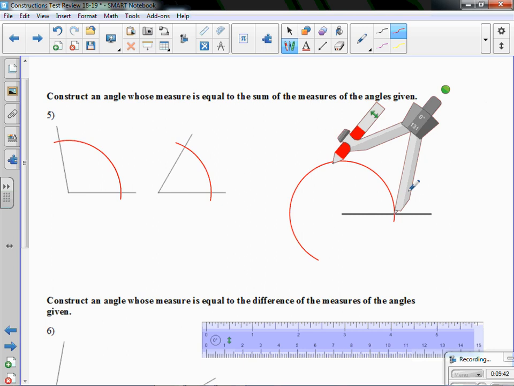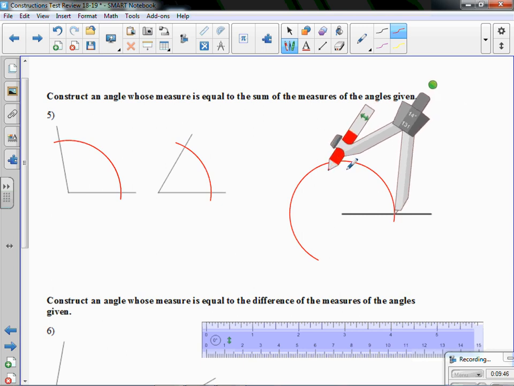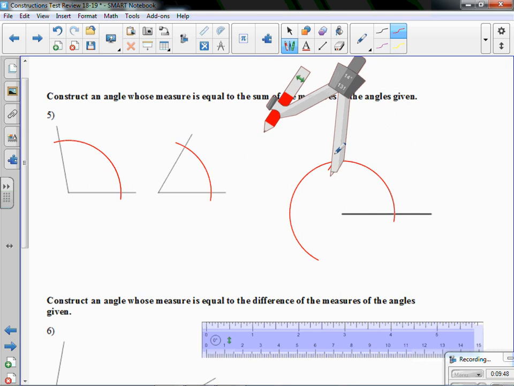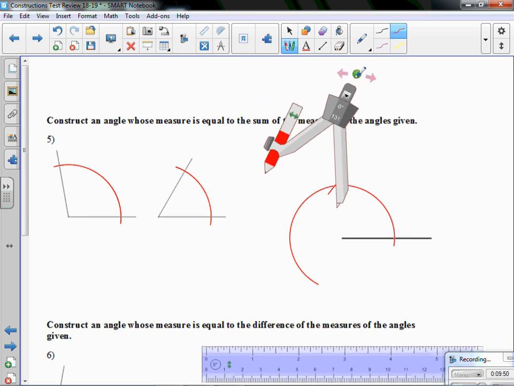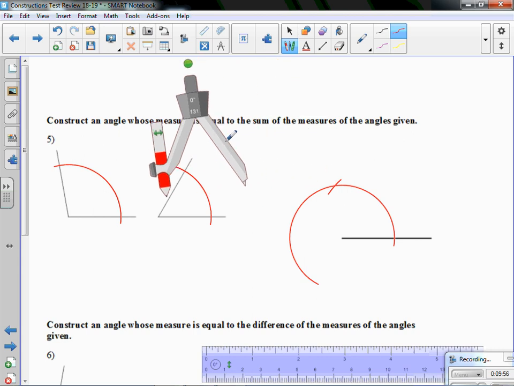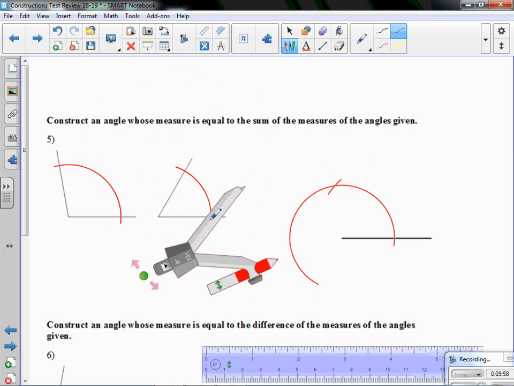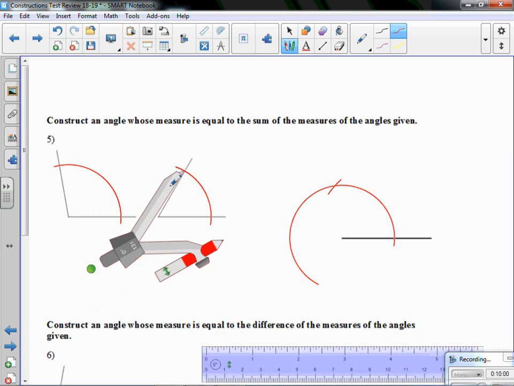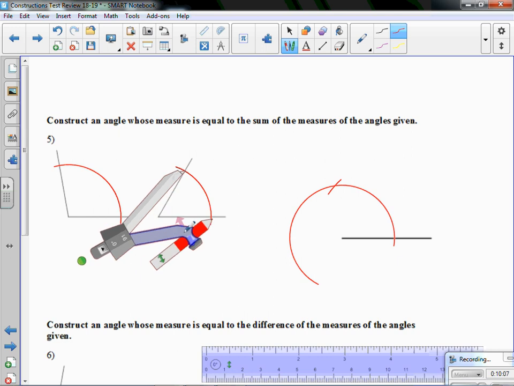At the point where the arc intersects the side, make an arc. And put the point where the other intersection, or actually come back over and measure the other angle. Those two intersection distances, like so.